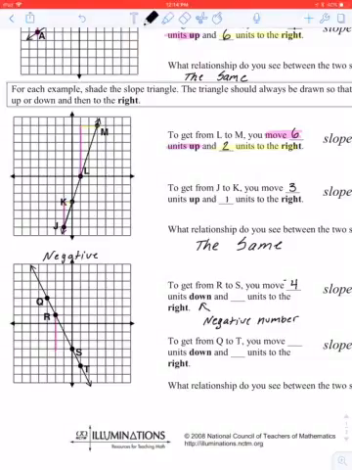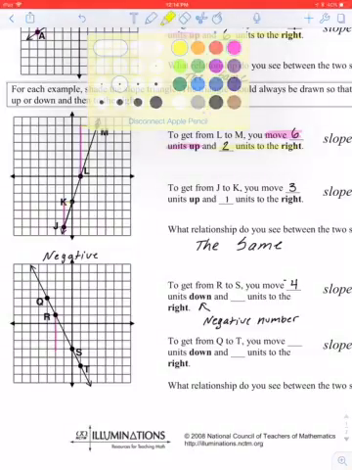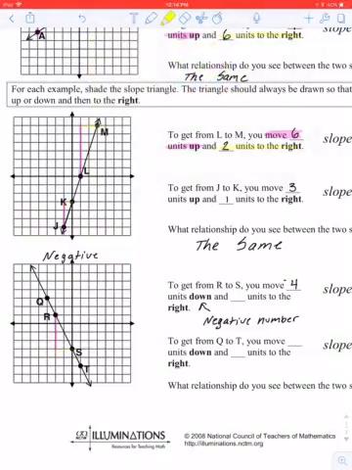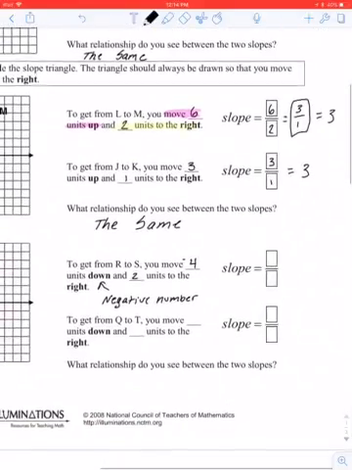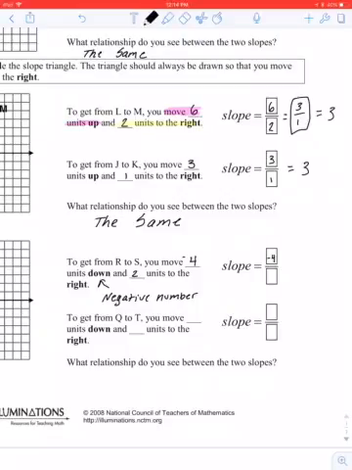So I'm going to put this as a negative 4. And now we're going over to S, which is 2 units to the right. Now, since we're always going to the right, that bottom number will always be positive. All right, so we've got our slope of negative 4, since we went down, over 2.